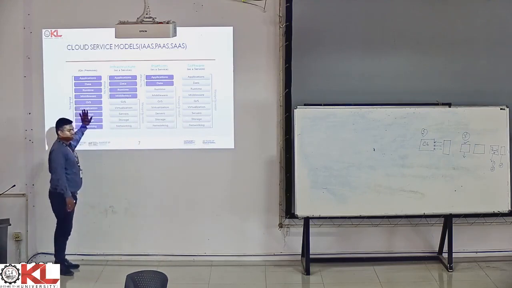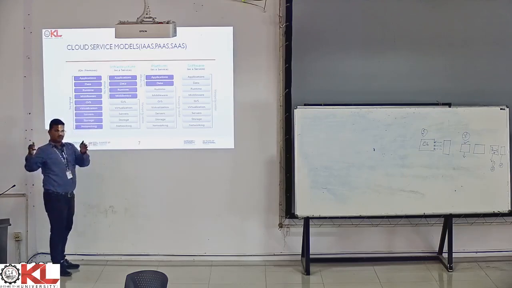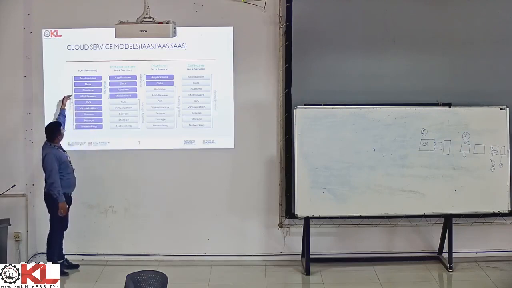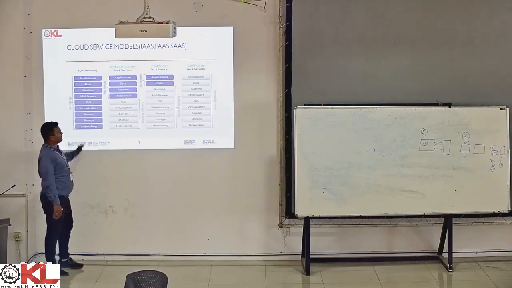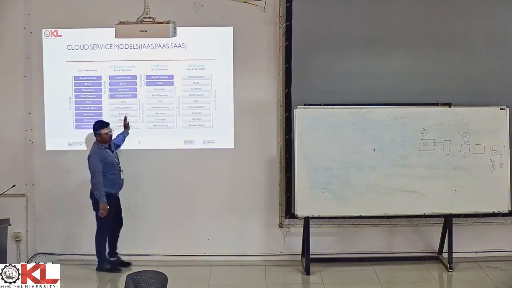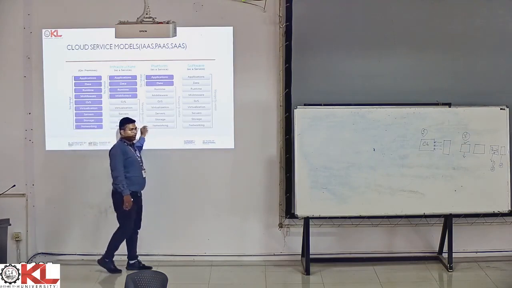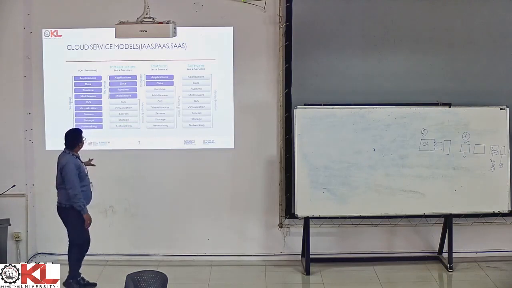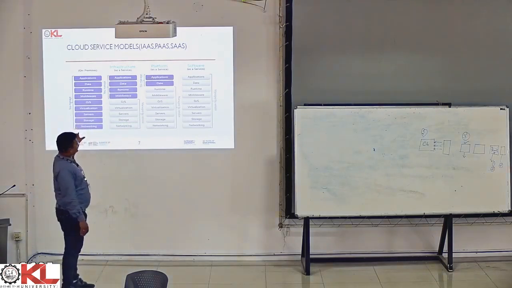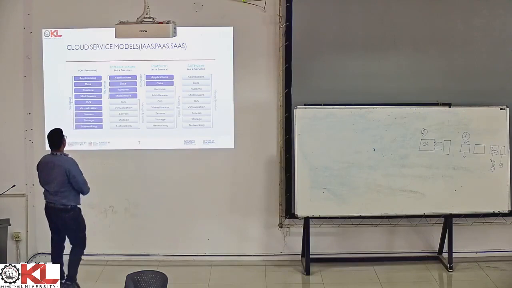Whereas in the on-premises, the local system, when a developer is trying to use it, what are the ways that they can manage their services? Compare these with the cloud service models. When you see this diagram carefully, the first column states that it's on-premises.